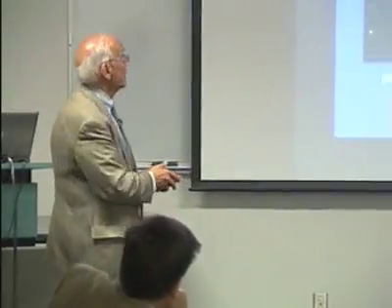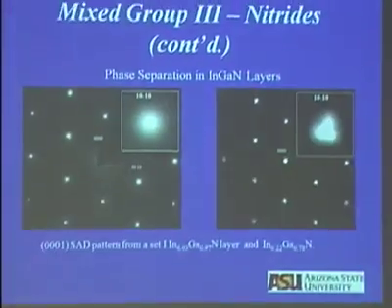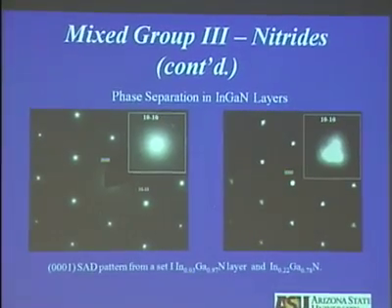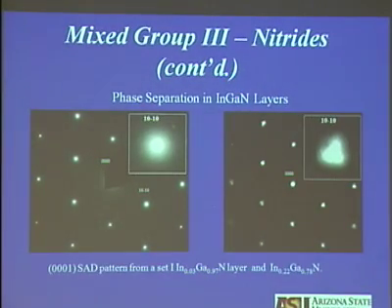These blue DVDs, lasers, or LEDs that you see are based on indium gallium nitride. You can change the composition of indium, and it will change the emission wavelength. When you are below a certain value, say 3% of indium, the diffraction spots are spherical.